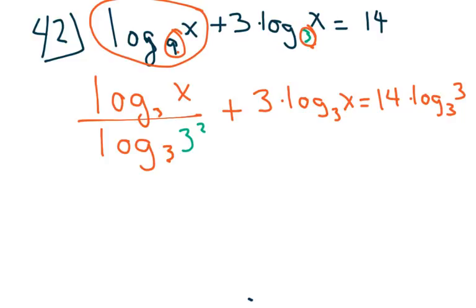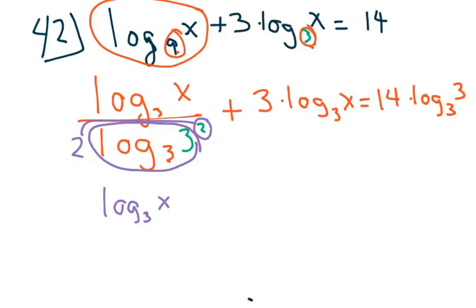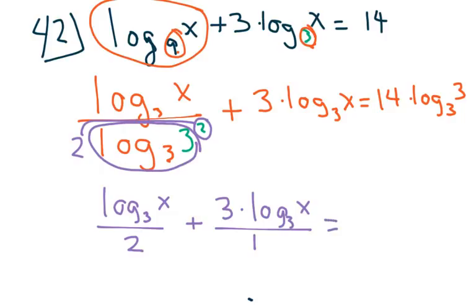Then I'm going to pull this 2 and use my power property and pull him out front. So basically, you know that this equals 1. So what we have is log base 3 of x over 2 plus 3 times log base 3 of x, and you can write this over 1 if you want, equals 14 times log base 3 of 3.